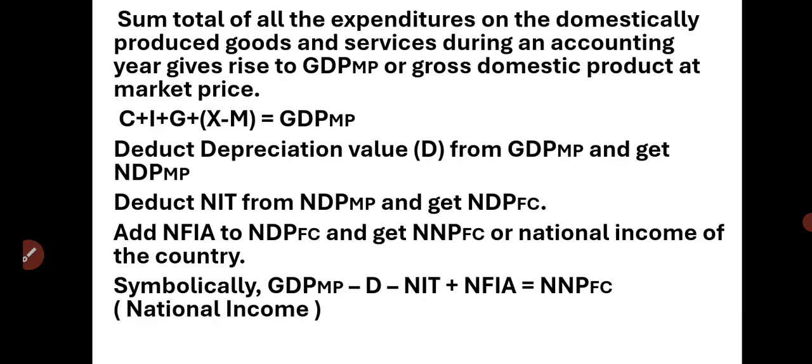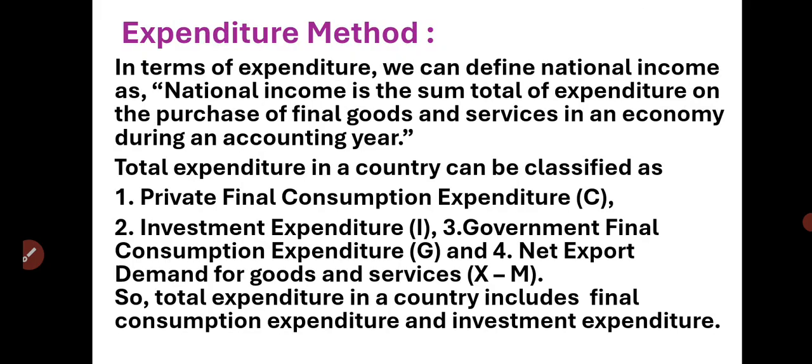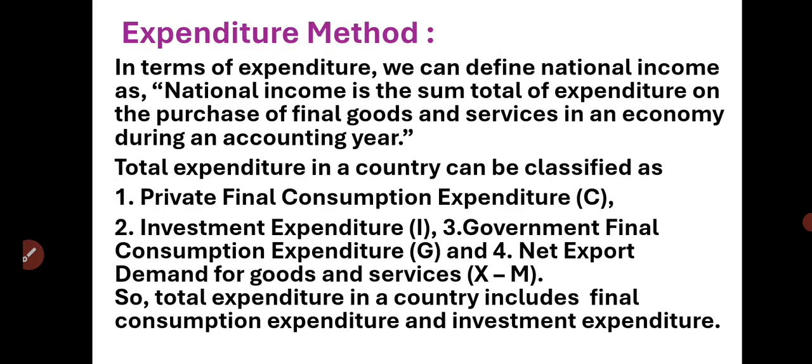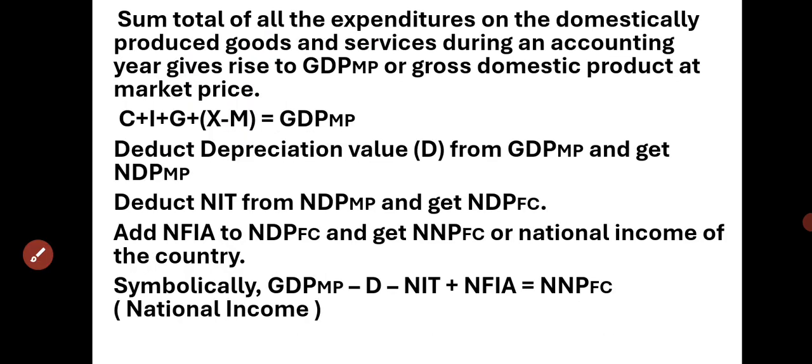You see, gross domestic product at market price. You see, this is the expenditure method. The sum total of these 4 gives rise to GDPMP.